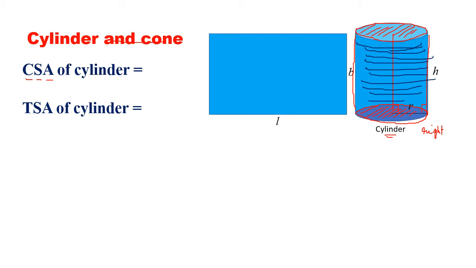So here I've got a rectangle of length L and breadth B. Let me call it A, B, C, D. Now when I roll this at AB and bring it over CD, the point A and the point D become the same.